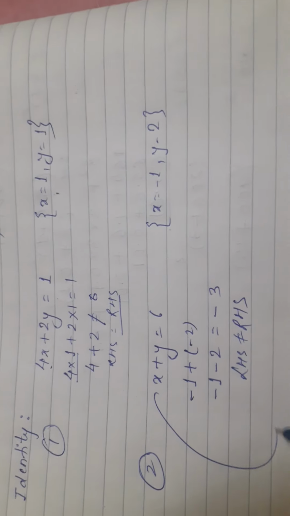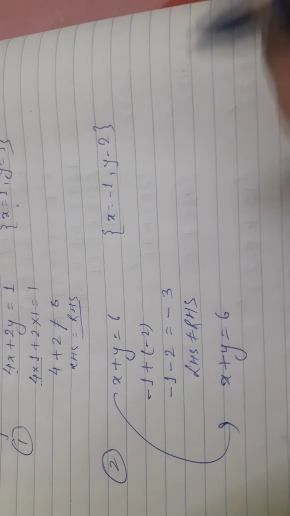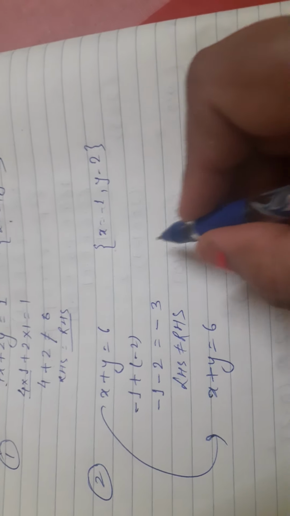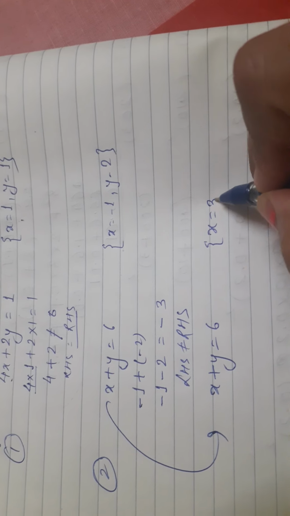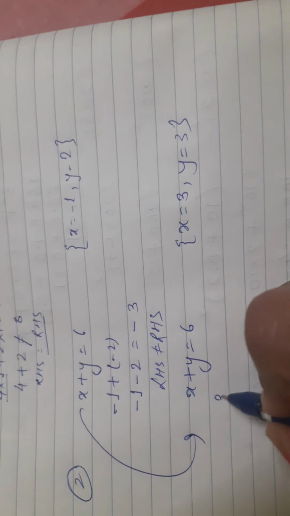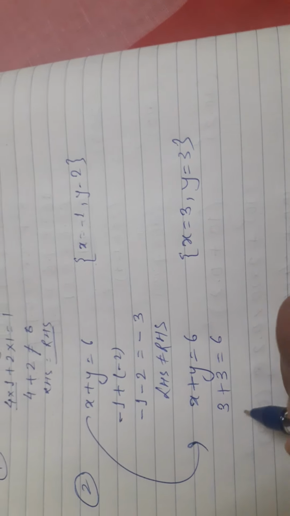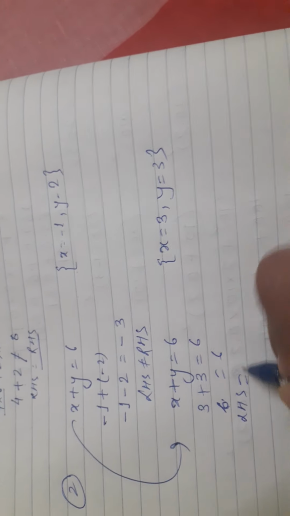Now in the same equation I am going to substitute values different from the previous ones. Suppose x is equal to 3 and y is equal to 3. So what will happen? 3 plus 3 is equal to 6, meaning 6 is equal to 6. LHS is equal to RHS. Clear?